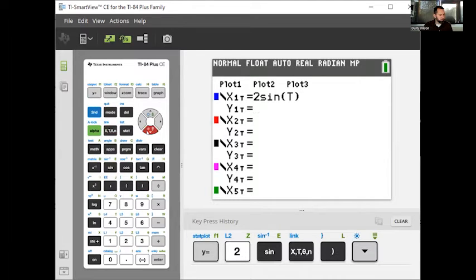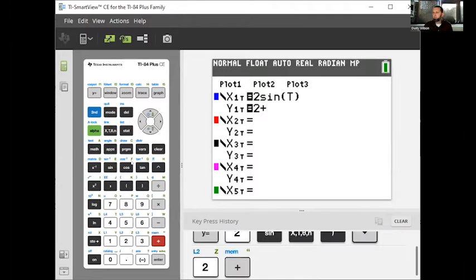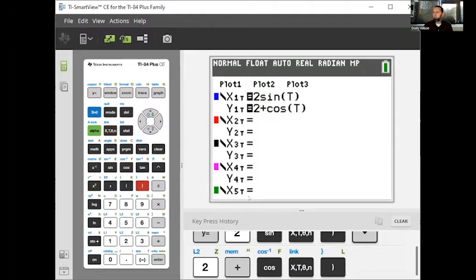And for y, I have 2 plus cosine t. We notice the 2 differences between this and the formula above: sines on the x and cosines on the y, and also there's a 2 times the sine, but just a 2 plus in the cosine. The operations are different, and we want to see what happens.